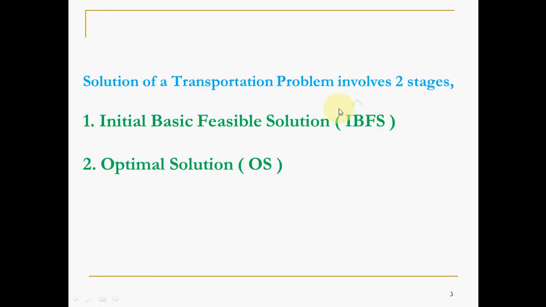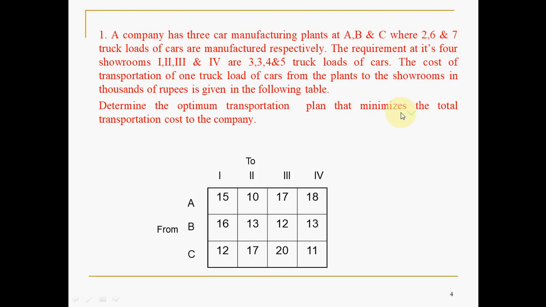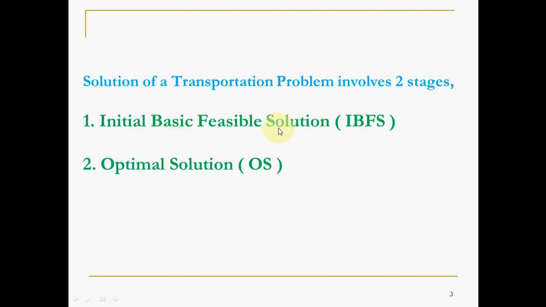And as I have told in the previous slide, it involves 2 stages, because in the question it is given not to find just the initial basic feasible solution, you are supposed to find the optimum transportation cost. In other words, optimal solution you have to find. So to obtain optimal solution, first you have to find initial basic feasible solution, then you have to go for optimal solution.